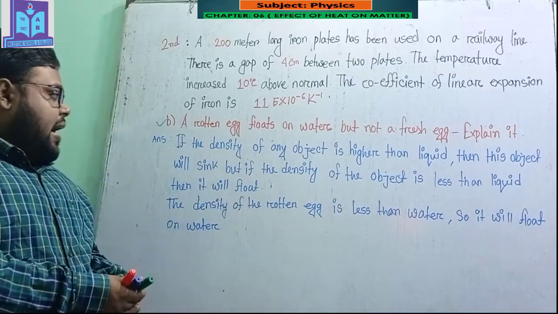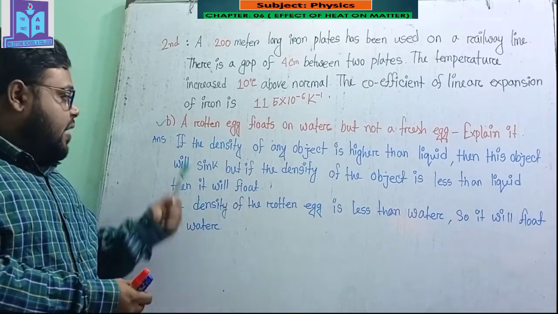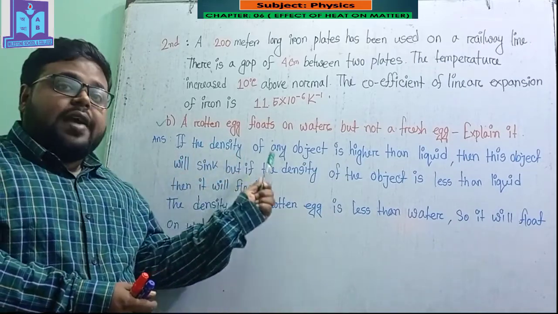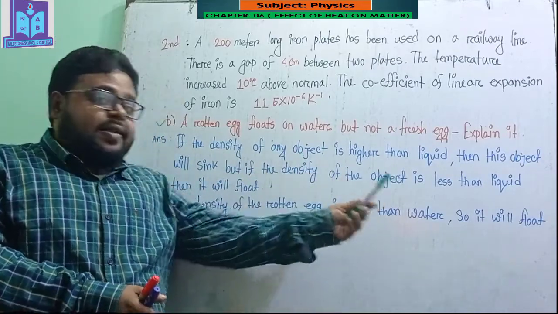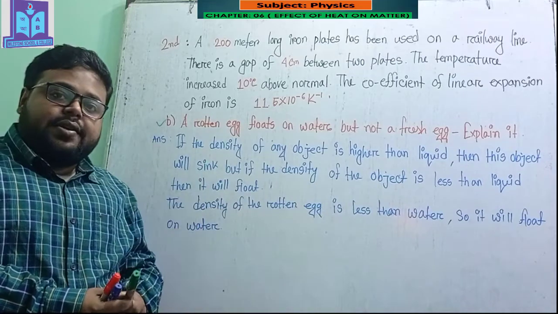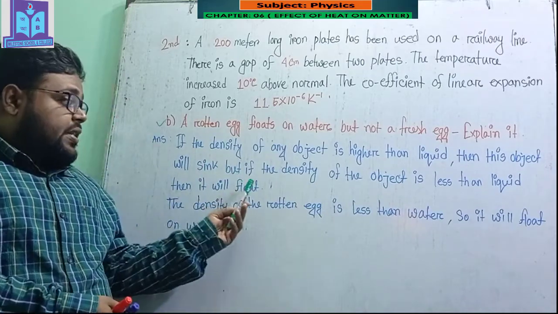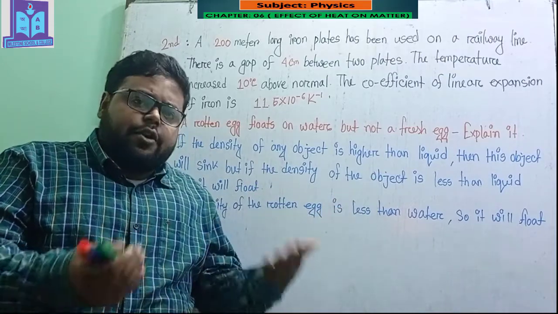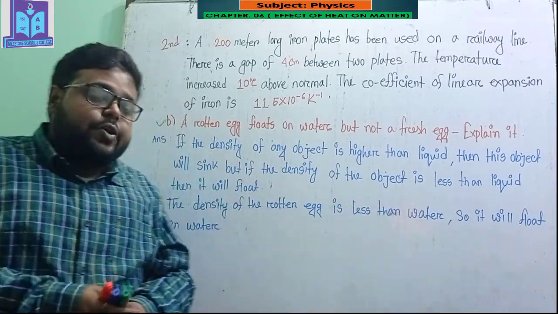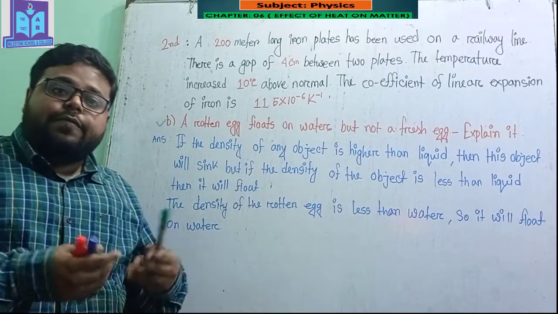If the density of any object is higher than the liquid, then this object will sink. But if the density of any object is less than the liquid, then it will float.